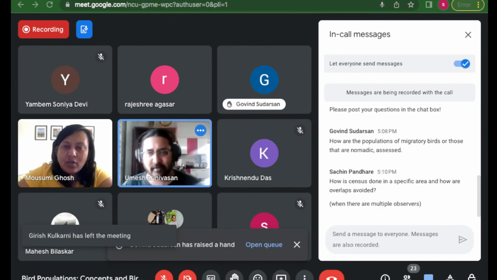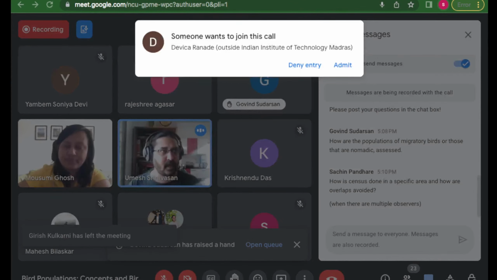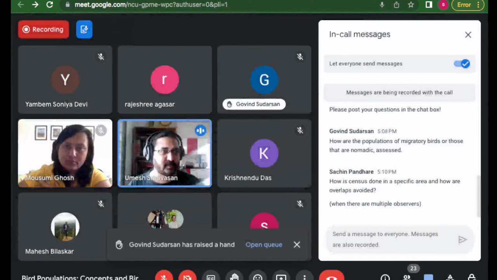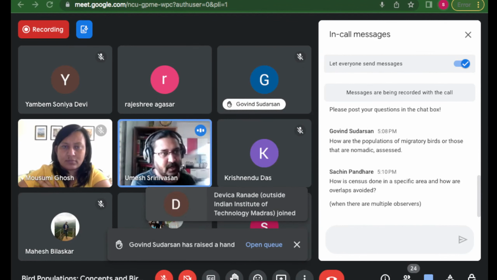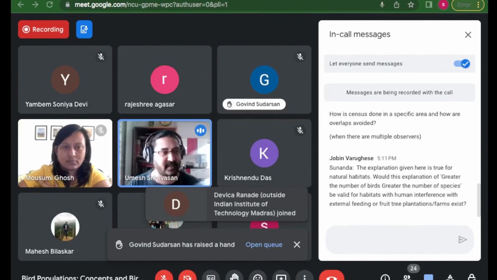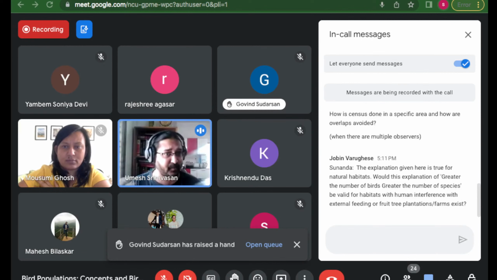Oh, yes, sure. So I was saying that for migratory species, depending on what kinds of species you're dealing with, you can use different methods to estimate population sizes. For example, if you're dealing with populations of warblers that breed in one location in summer and winter in another location, and they're vocal in summer, then you can use techniques like spot mapping, line transects, and point counts to estimate those populations.